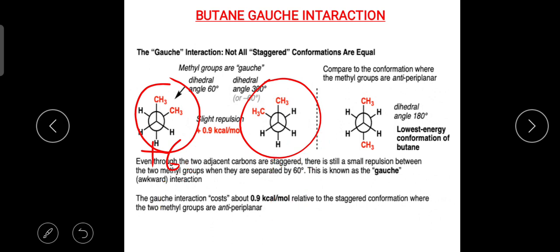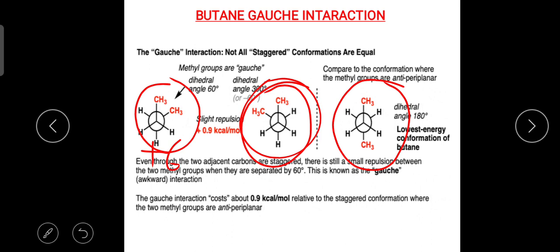So we can say these two conformers are P or M in terms of helical chirality, and these two conformers are equi-energetic and have a potential energy of 3.3 kilojoules per mole above that of the anti-conformer. The anti-conformer is the more stable structure in n-butane, and due to this, a slight repulsive force occurs between the two gauche conformers, and they have potential energy of 3.3 kilojoules per mole above that of the purely anti structure.